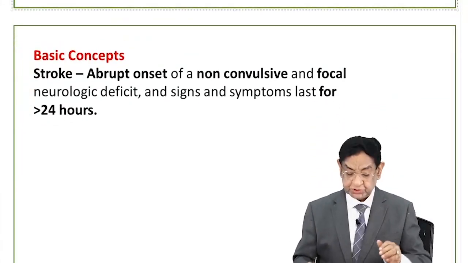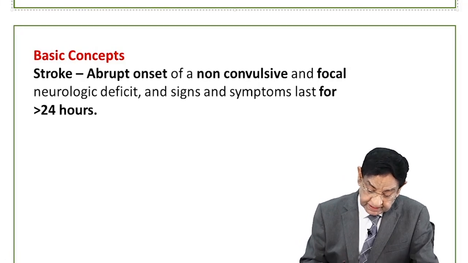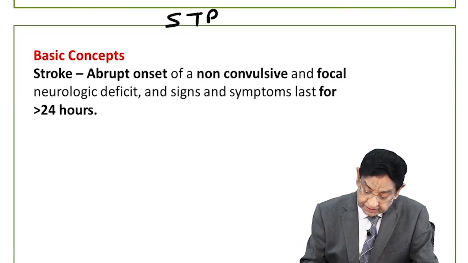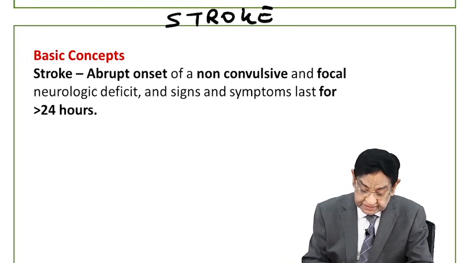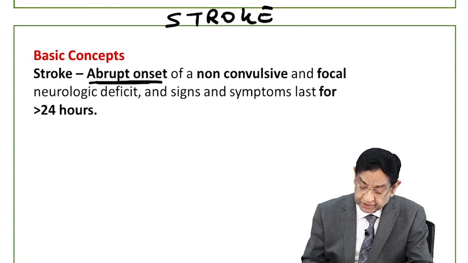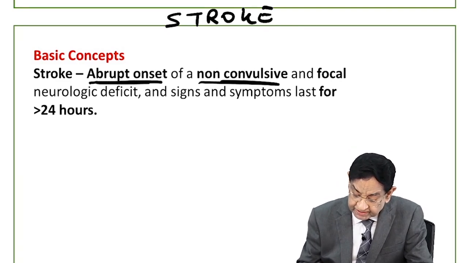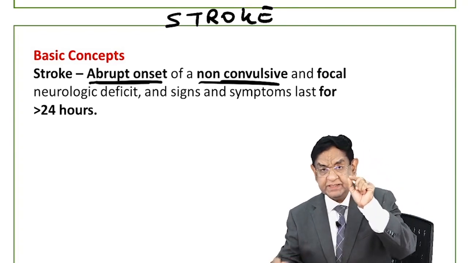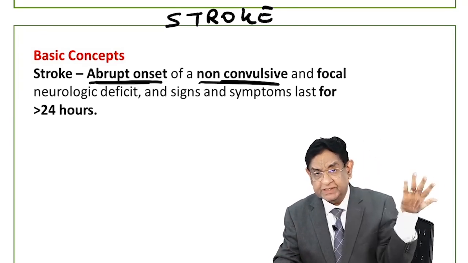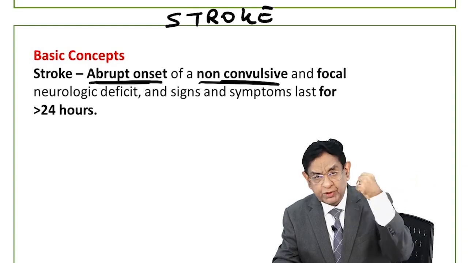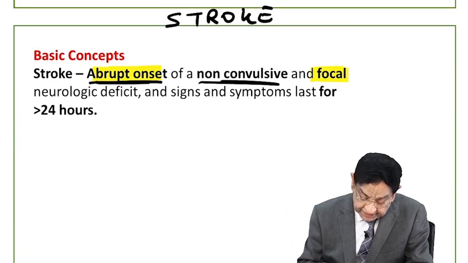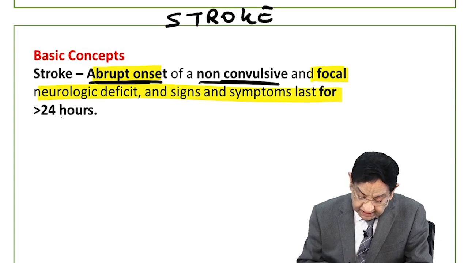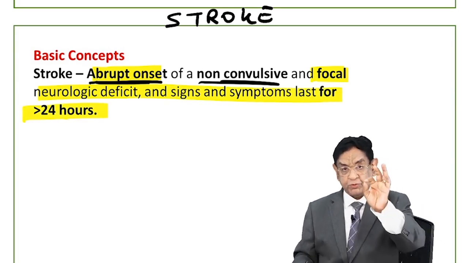This is a patient of stroke. Now, what is stroke? It is abrupt onset of a non-convulsive event. The only other thing that can have an abrupt onset is convulsion. So if you rule out convulsion, abrupt onset of any focal deficit that lasts for more than 24 hours is stroke.